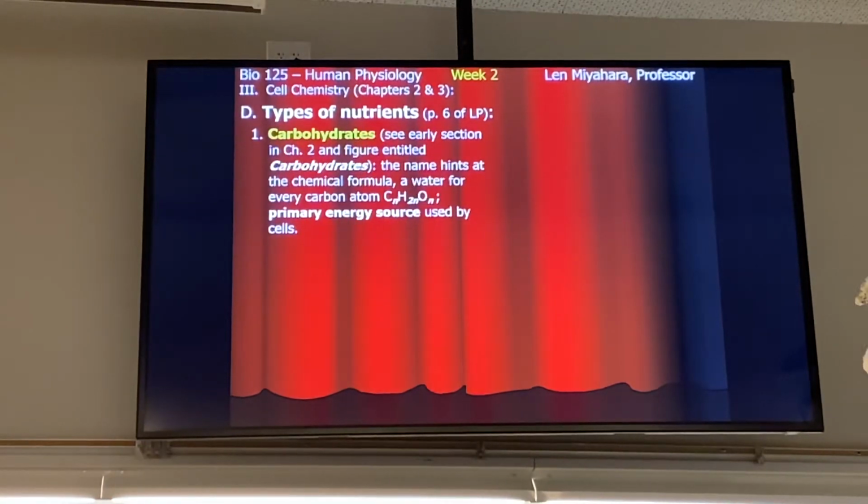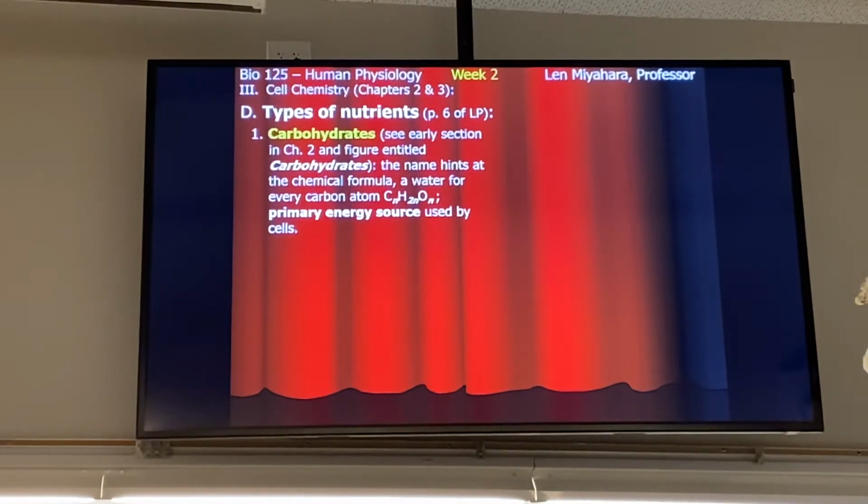All right, let's go over the nutrients. Nutrients are also covered in your lecture packet, starting on page 6. It also talks about anabolism, metabolism, enzymes, and cellular energy is ATP. This is the only energy your cells use.